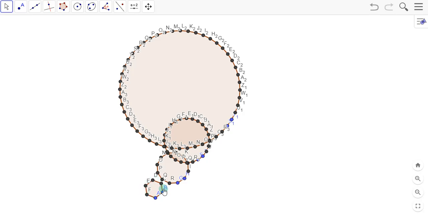We can find the circumference of the polygon, and from the circumference of the polygon we are going to find the circumference of the circle, and then we are going to find the value for pi. Okay, let's move to the other section.